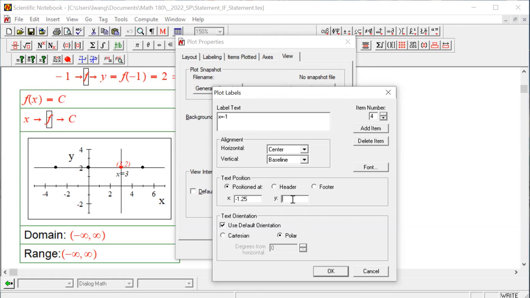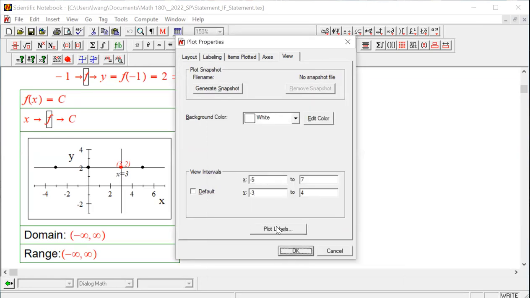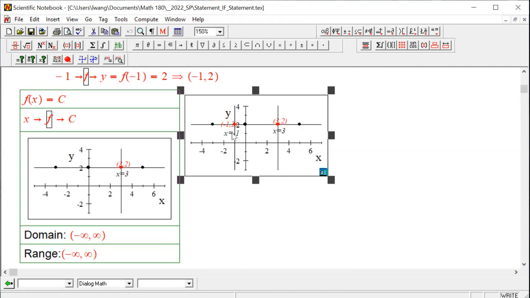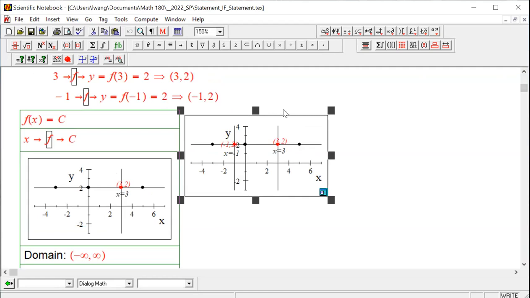The negative sign is not so clear, but that's x equals -1. So when input is given, we draw a vertical line and the crossing gives the input and output.